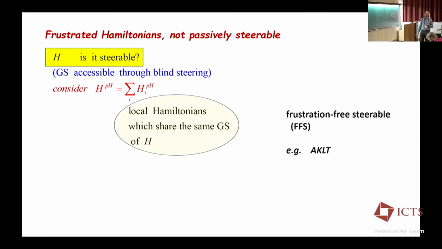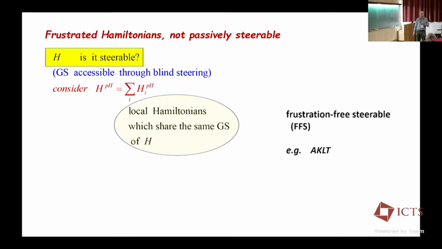So the question is the following. I give you the ground state of the system. If this ground state is simultaneously the ground state of all local Hamiltonians, the system is not frustrated.